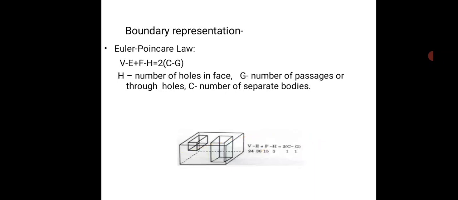In these figures, we use this formula, V minus E plus F minus H equals 2 times (C minus G). Here V is 24 vertices, E is 36 edges, F is 15 faces, the number of holes on the faces H is 3, C, the number of separate bodies, is 1, and G, the number of passages through the hole, is 1.